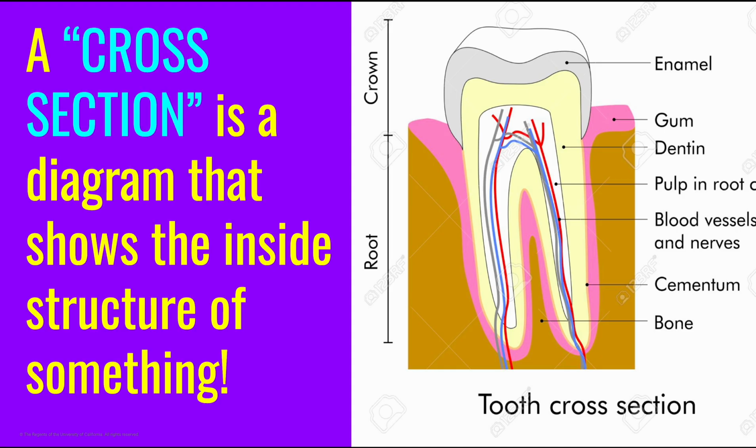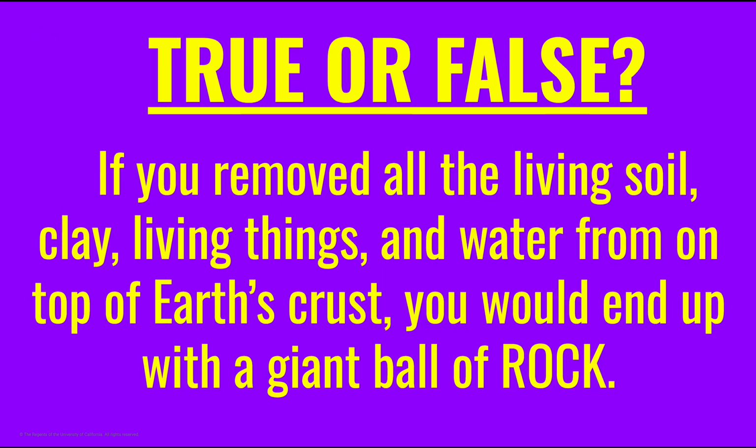What are they called? They're called cross sections. I know, that was kind of a dirty trick. A cross section is what we see here: a picture of a tooth where you can see the inside structure of something, kind of like it was sliced open with a knife. These are called cross section diagrams. And yeah, hopefully you knew that.